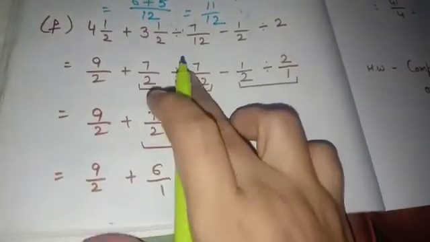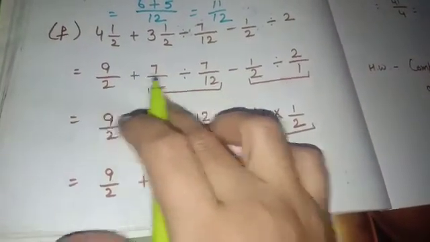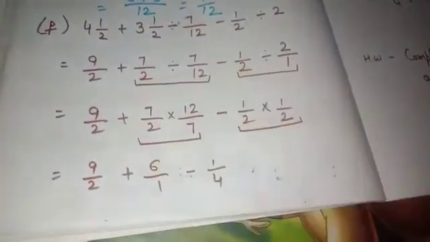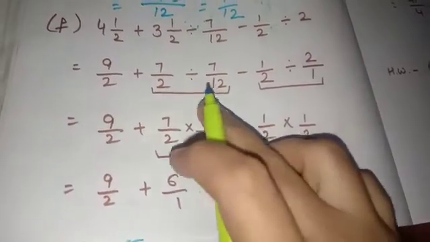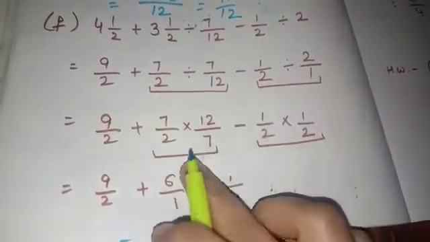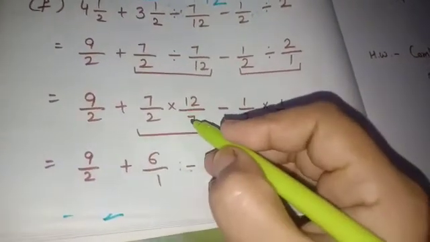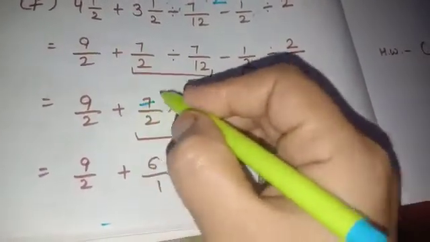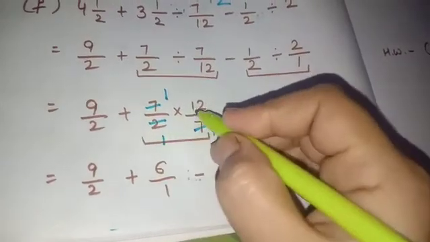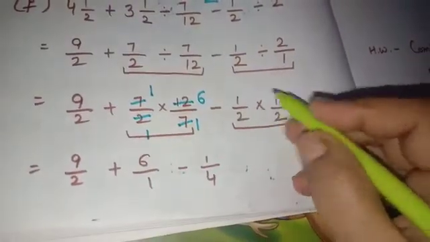Mixed fractions are given. We will convert the mixed into improper. Then division sign is, as the division sign is at two places, so two steps of multiplication will come together. Then when we cancel it, it will be 7 ones are 7, ones are, 2 ones are 2, six are, and here 6 by 1 minus 1 by 4.